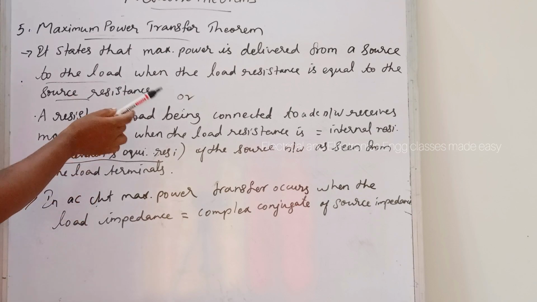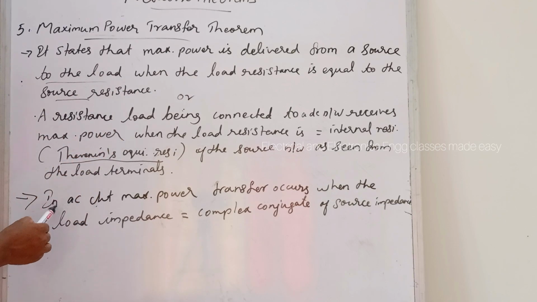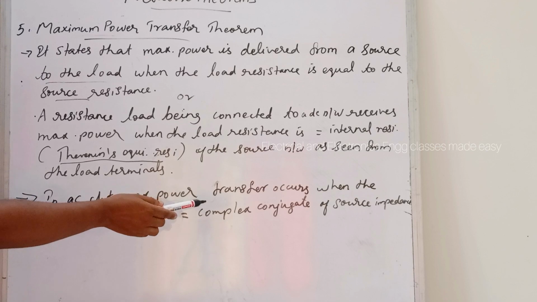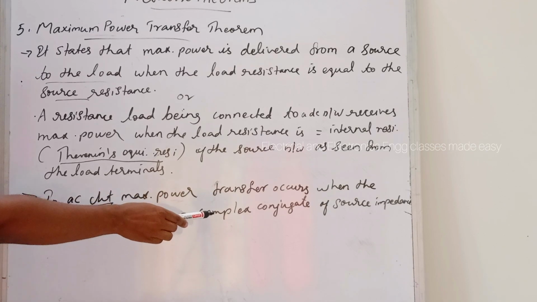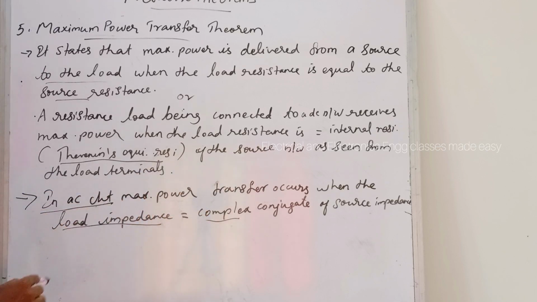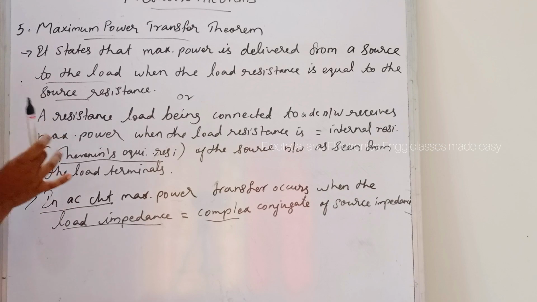This is the case of a DC network, and in an AC circuit maximum power transfer occurs when the load impedance is equal to the complex conjugate of the source impedance. So this is the maximum power transfer theorem.